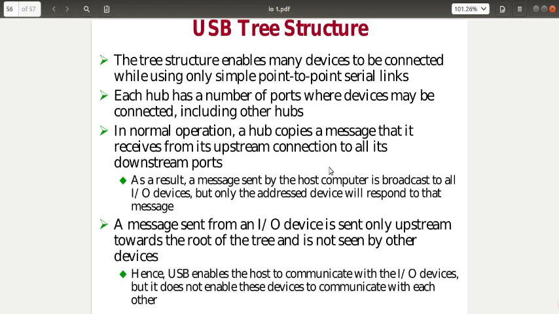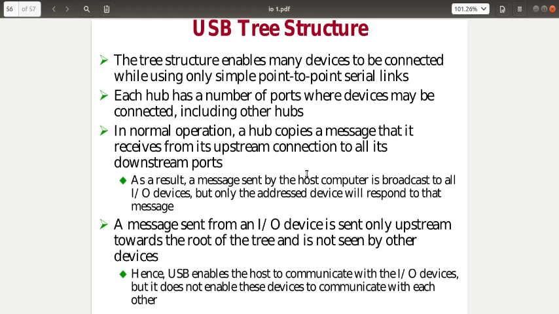The other thing is how data is transferred from the root to the different input output devices, that is, from the host computer to the IO devices. When data is transferred from the host computer to the nodes, the host basically broadcasts.